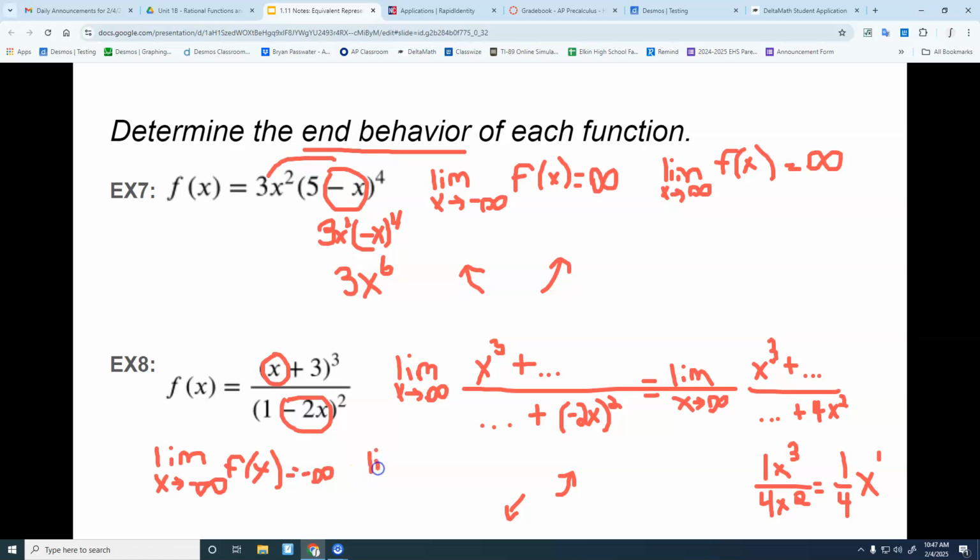And my limit as x approaches positive infinity of f of x will equal positive infinity. It certainly works just to expand the whole thing out. If you want, you just don't have to do the whole thing. So you may see some of these where Pascal's triangle can come in handy, even though you don't have to do the whole thing.